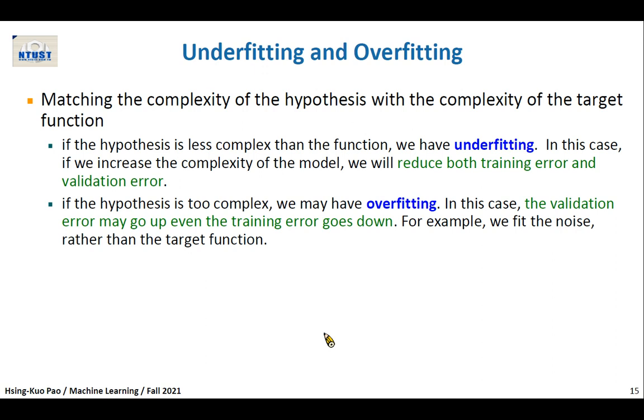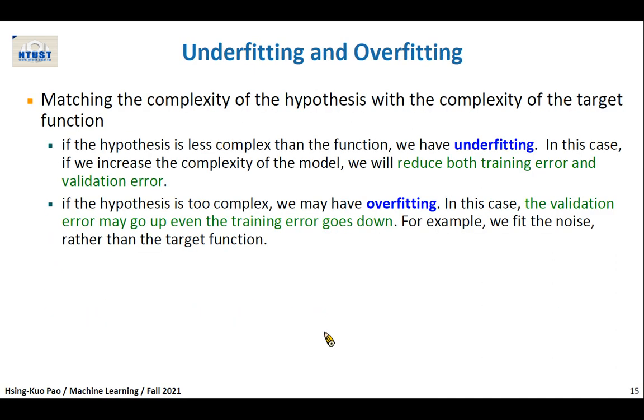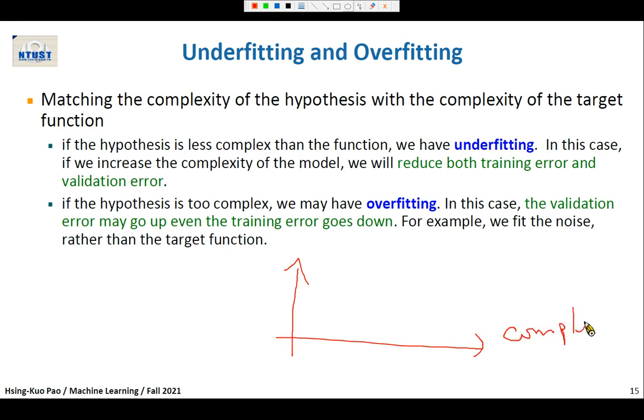I think some people get confused. Suppose this axis is the complexity, so model complexity. We can choose a simple model or a more complicated model.